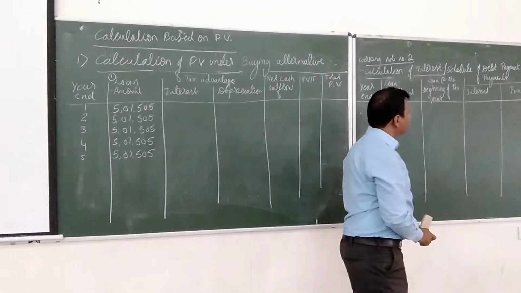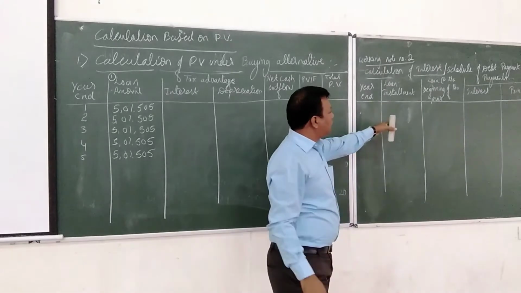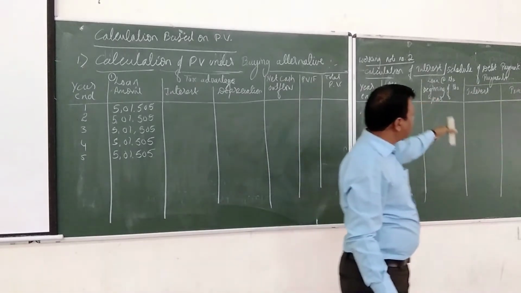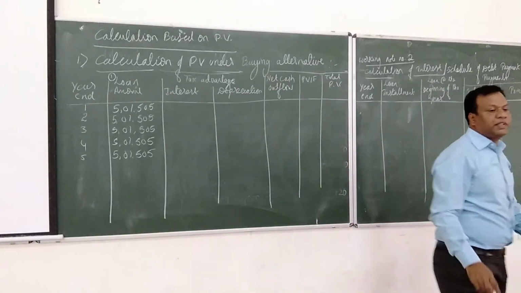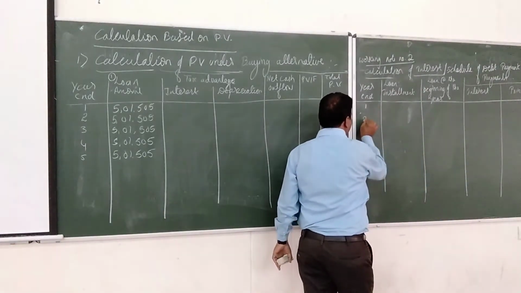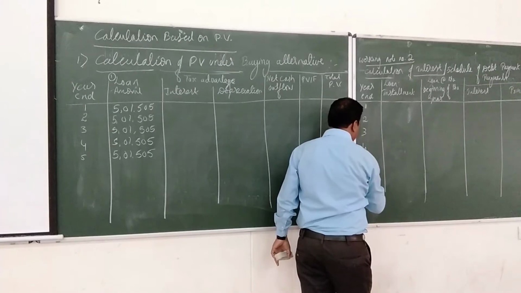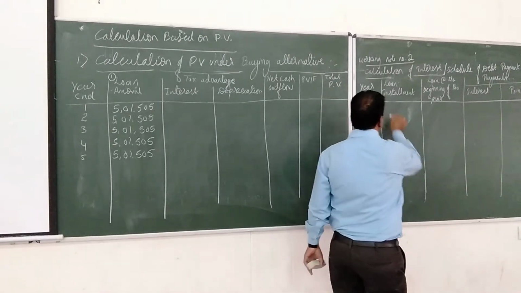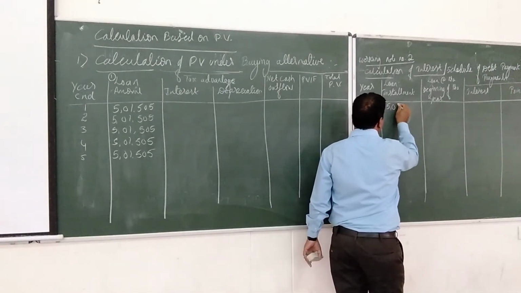This is clear? So year end, loan installment, loan at the beginning of the year, interest, principal, and loan at the end of the year. Now we take one by one. Here we have 1, 2, 3, 4, as well as 5. The loan installment amount is 5 lakh 1,505.